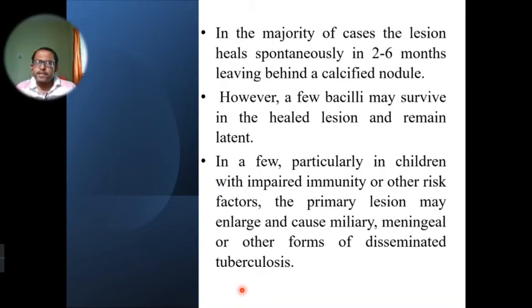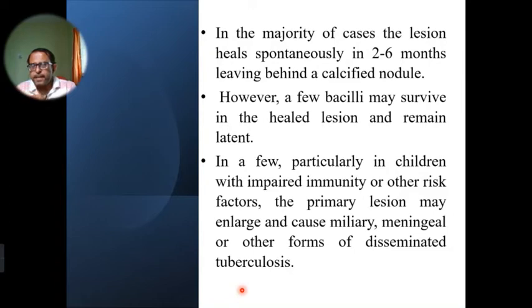Now, in the majority of cases, these lesions, whatever caseous lesion or Ghon focus or Ghon complex is formed during the primary infection, heal or cure spontaneously in 2 to 6 months, leaving behind a calcified nodule in these lung parts. A hard structure is formed there, where the bacteria are present at the center.